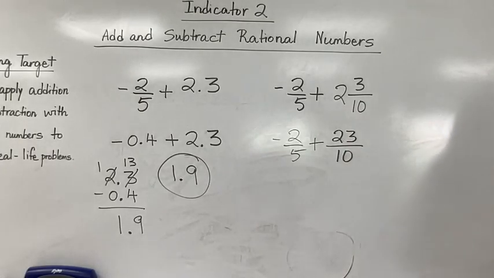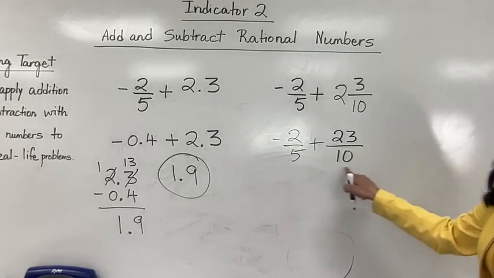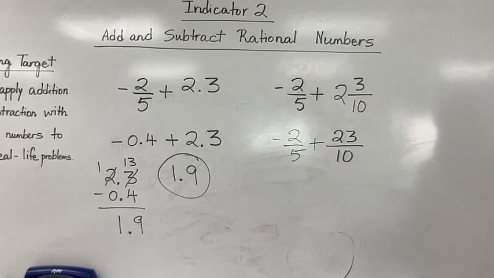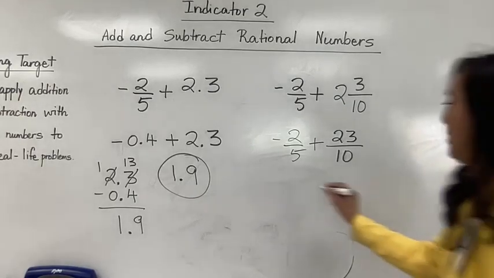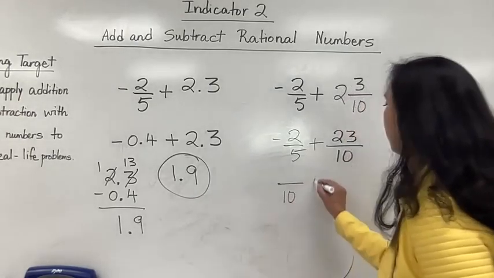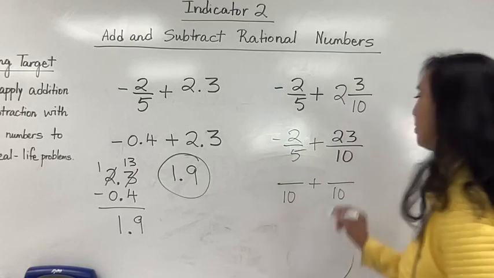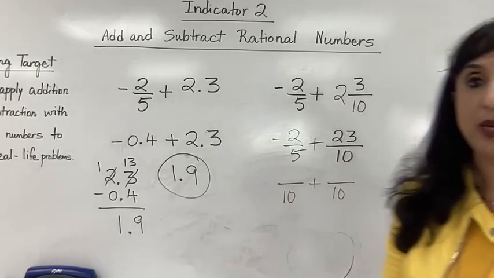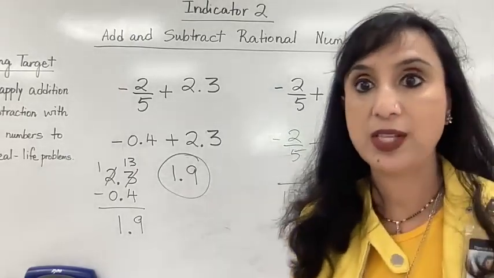And then I have to rewrite the fractions with a common denominator, because these are different denominators. I cannot add or subtract with unlike denominators, I've got to make them a common denominator. And so I am going to make this into 10, because I know that the LCM, or the least common denominator, is going to be 10.